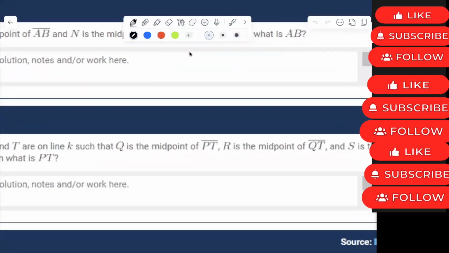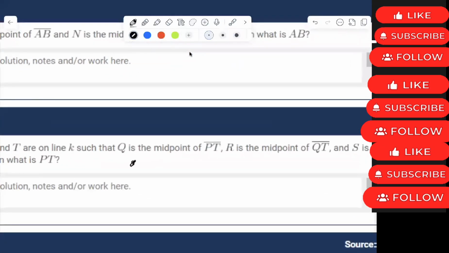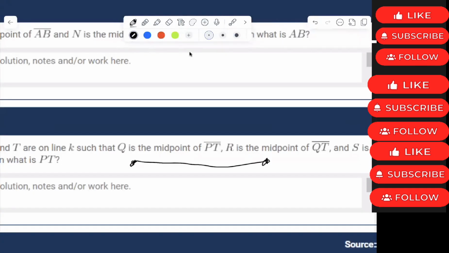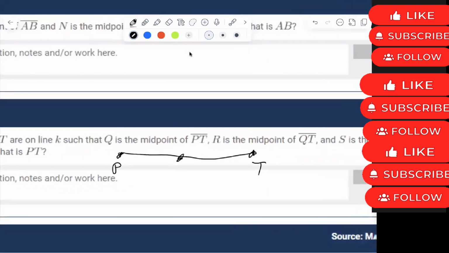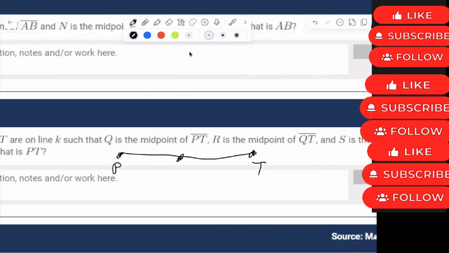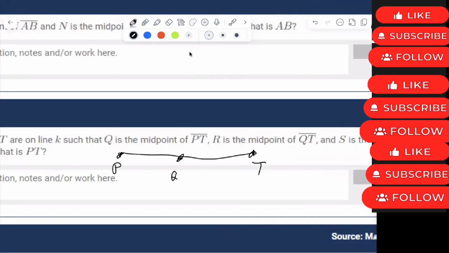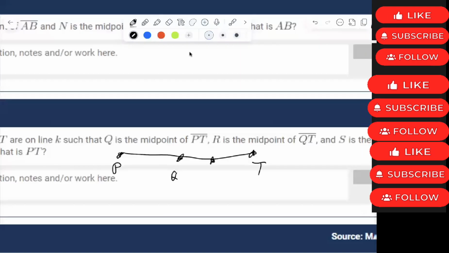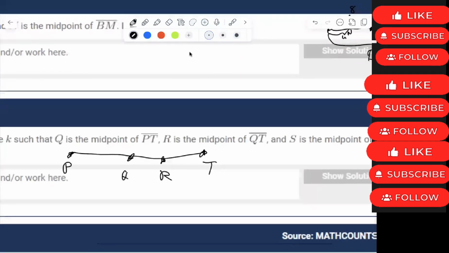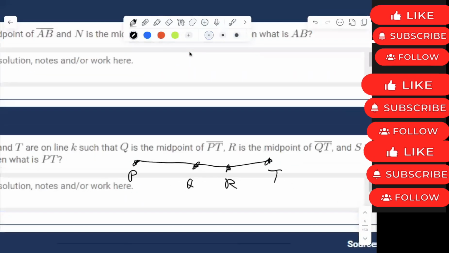We can just draw a line. R is the midpoint of QT, and S is the midpoint of RT.